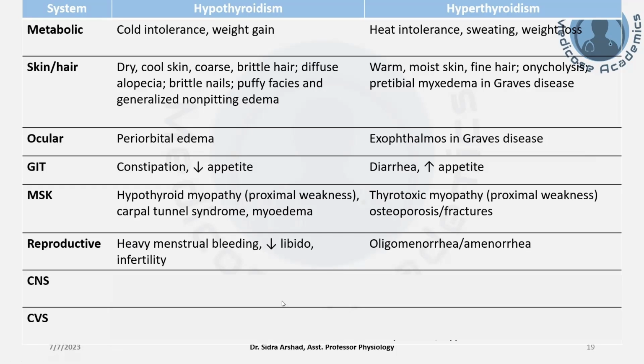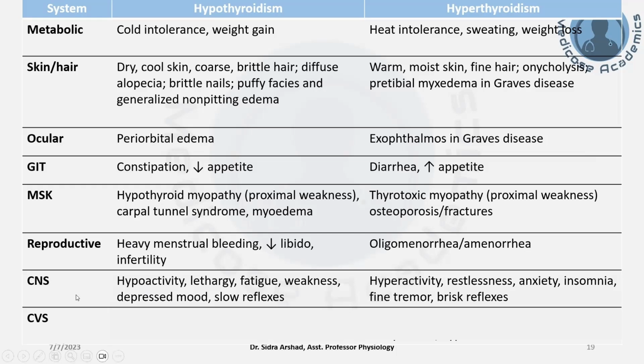The effects of hypothyroidism on the CNS: these individuals are usually hypoactive, they feel lethargic, fatigued, there is weakness, they may present with depressed mood, and their reflexes would be slowed down.